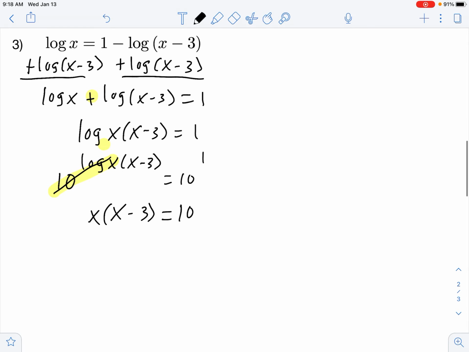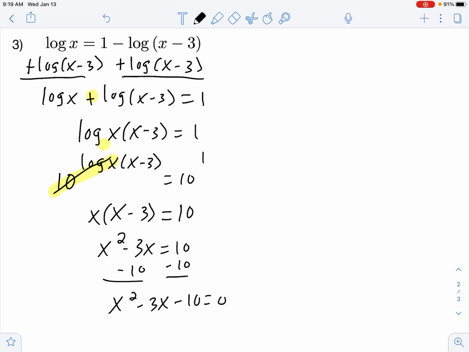And then we continue solving, and you'll see when we distribute that we wind up with a quadratic. Well, hopefully this is factorable. So I'm going to move the 10 over. And I get x squared minus 3x minus 10 is equal to 0. And it is factorable.